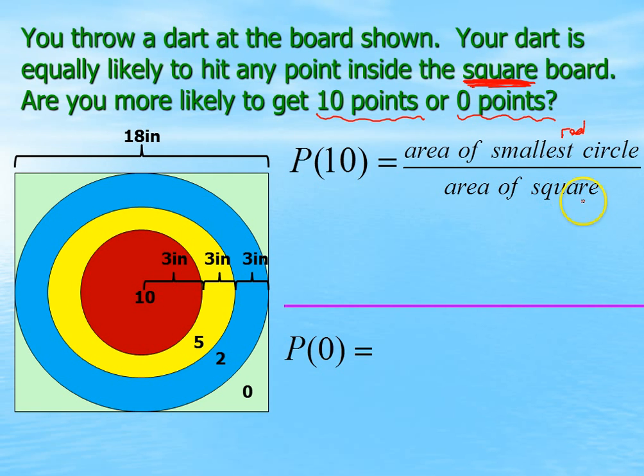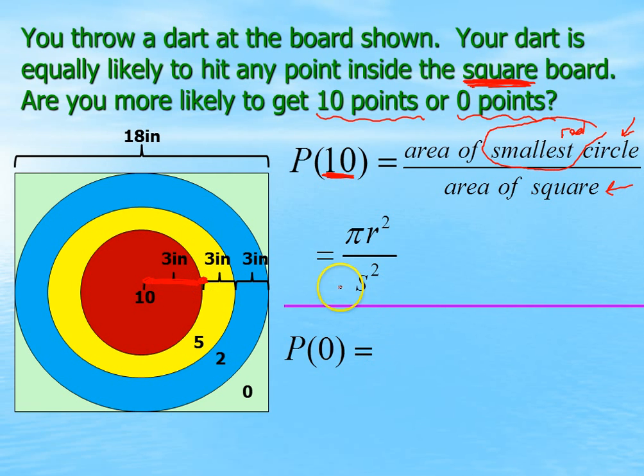Okay, so again, go back to geometry. How do I find the area of a circle? Pi r squared. How do I find the area of a square? Side squared. Okay, and I only want the small circle because I'm looking at the 10 points, remember? So how do I find the area of the 10 points? Pi r squared. Well, what's the radius of this inside one? 3, so that's pi 3 squared.